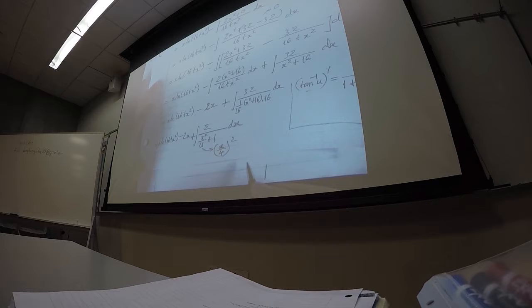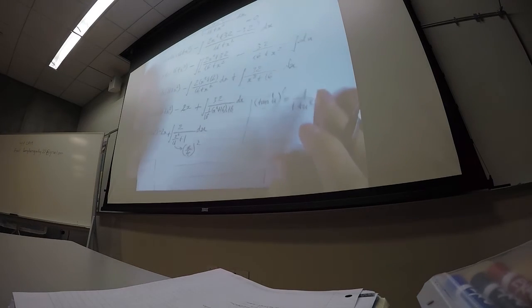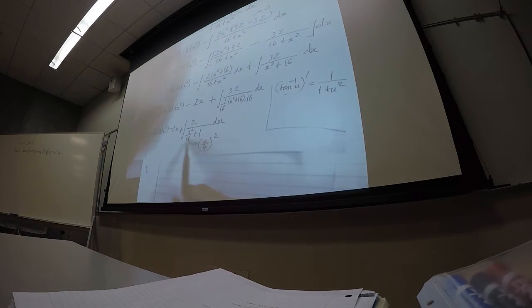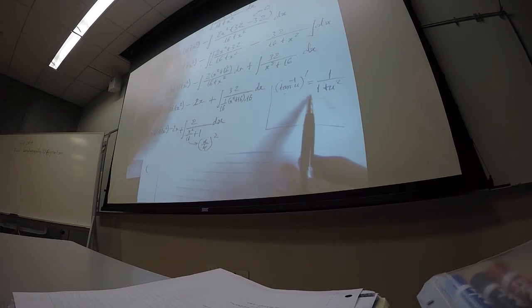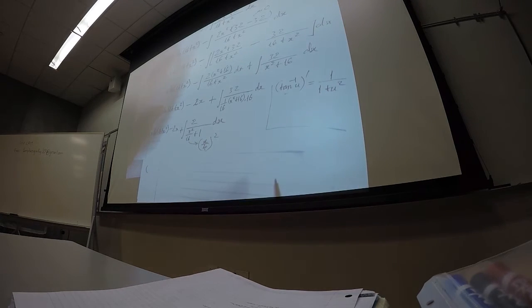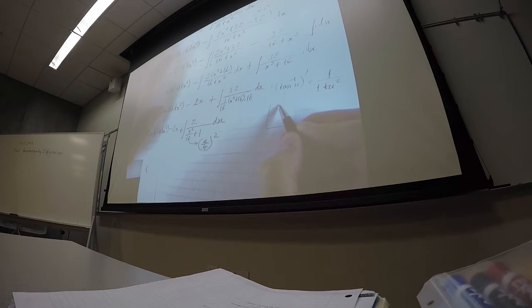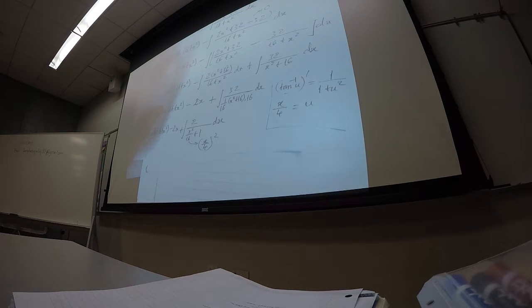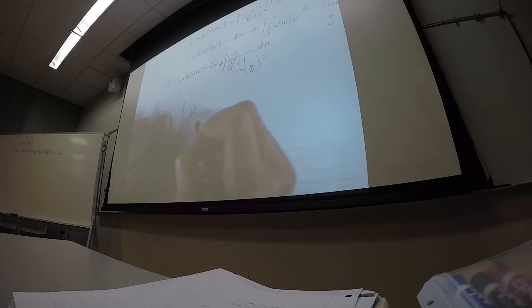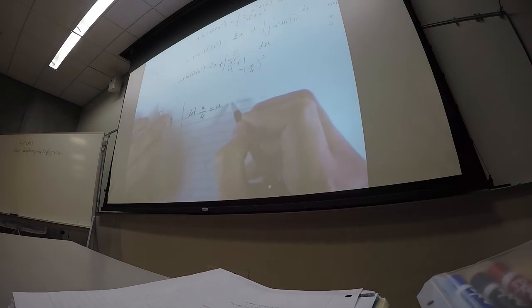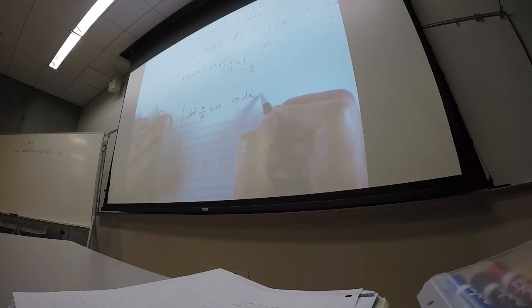So you see that now we have something in common. You look at this, and you look at that. We have something in common, right? So we have x over 4 equal to u. So let x over 4 equal to u, therefore dx equals 4 du, okay?